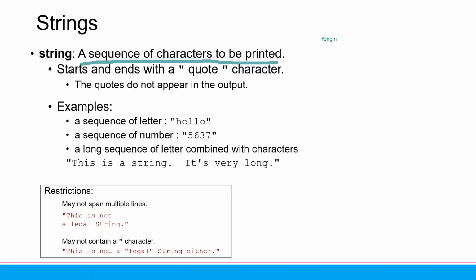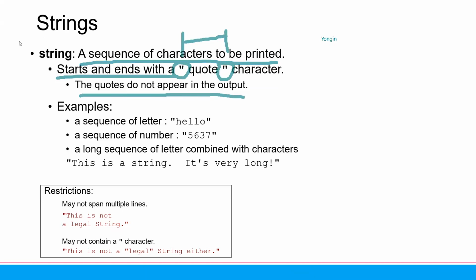In Java, the string starts and ends with double quote. So everything that is in between these two double quotes will be a string. The quotes do not appear in the output. You already see the result in the Java.